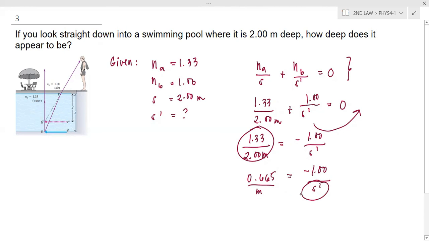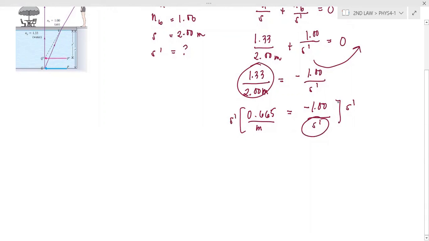I will transpose s prime to the other side, so I will be multiplying both sides by s prime. This will cancel out here. We will have now s prime times 0.665 per meter equal to negative 1.00.